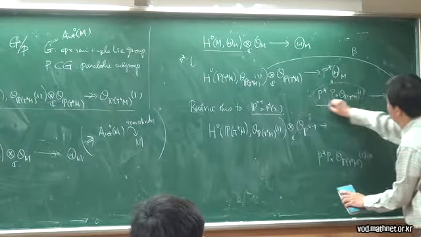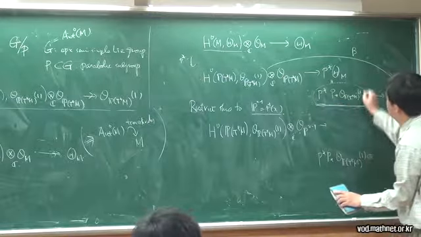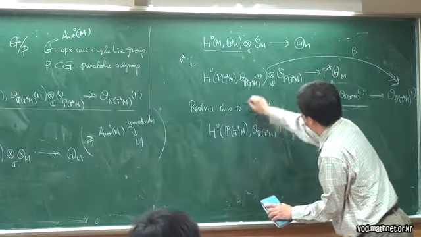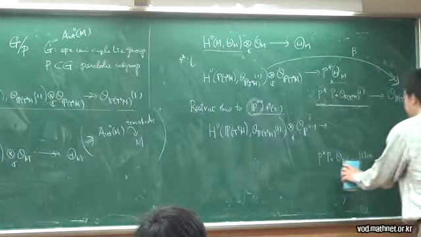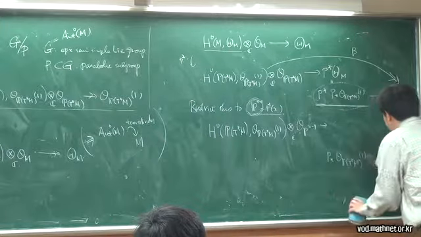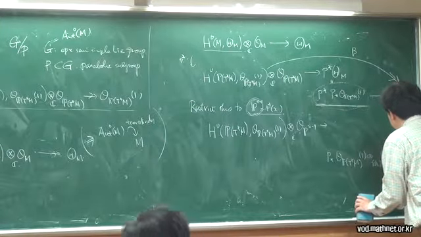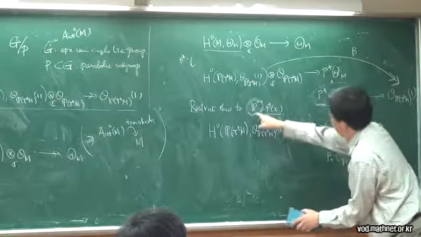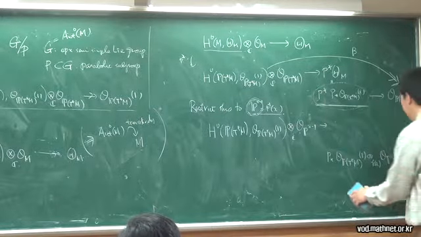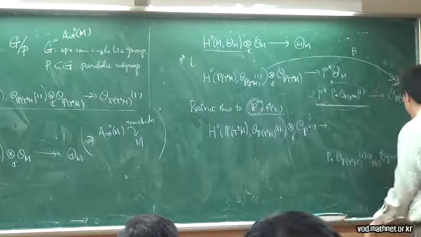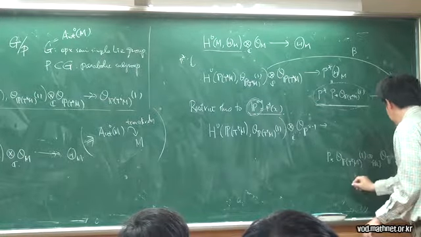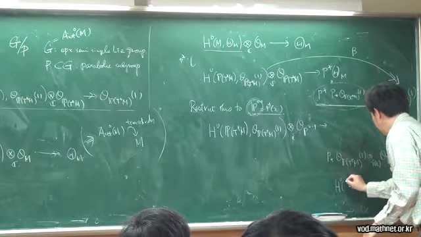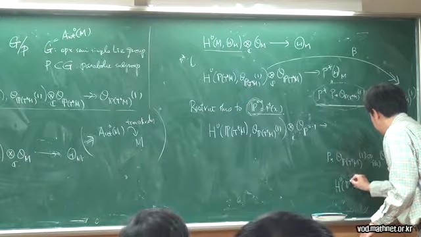So if you restrict this to this subscheme, it is just this. Yes, this is like this. If you restrict this, then you get here. But this is nothing but H0 Pn.